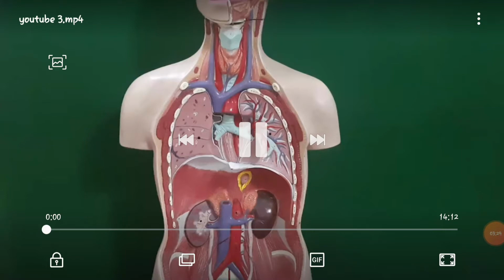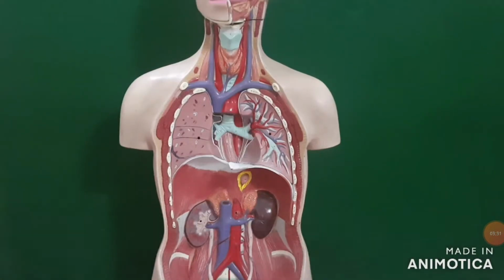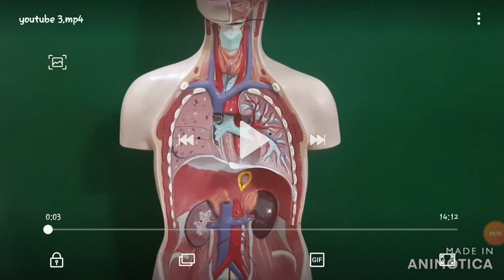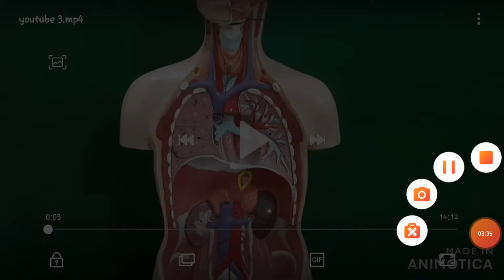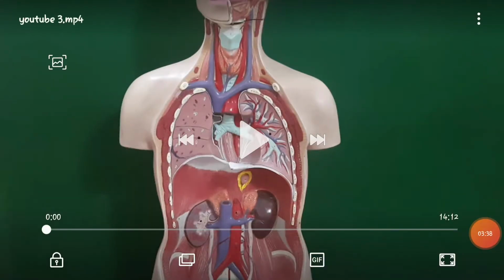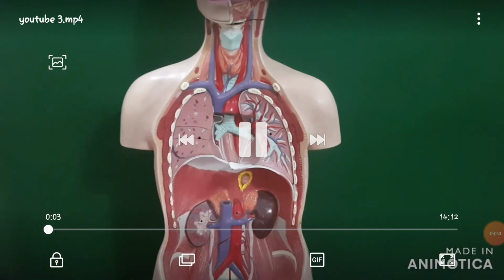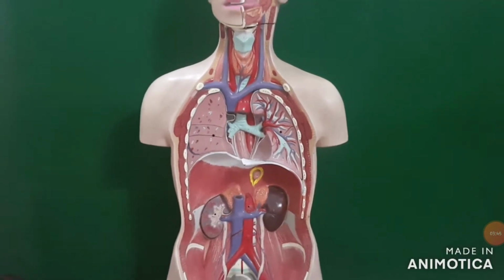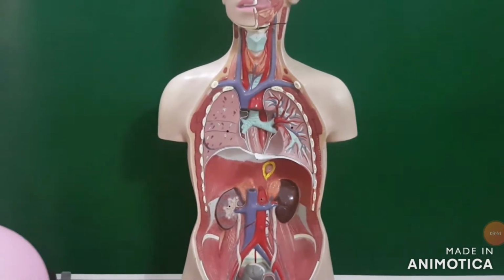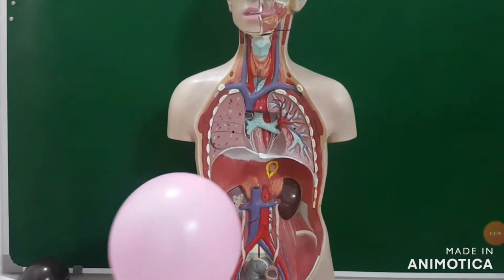Here we can see the posterior abdominal wall, showing the structures that make it up.